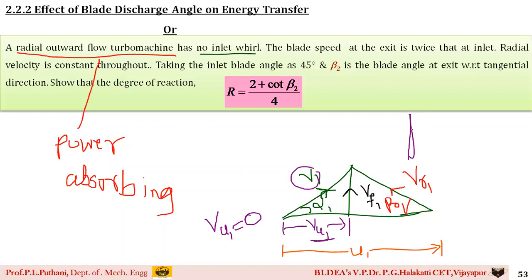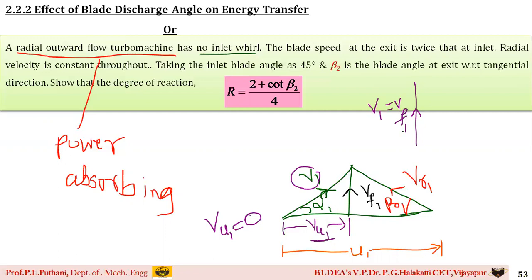I am drawing it here for understanding purposes. This is your new velocity triangle. Both are overlapping with one another, that is, V1 is equal to Vf1.